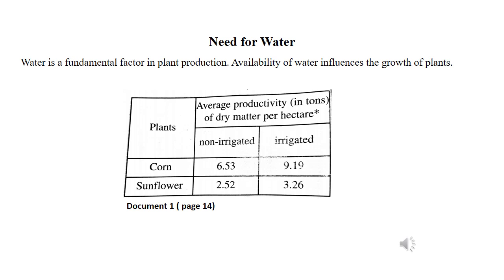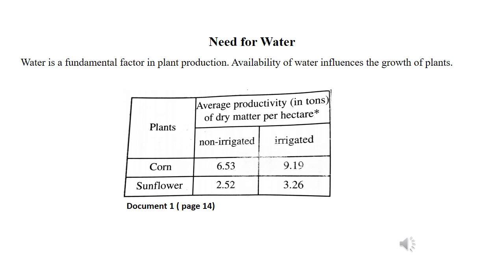To determine the importance of irrigation on the productivity of plants, biologists compared the productivity of two types of plants, corn and sunflower, in irrigated and non-irrigated soil. The results are represented in the following table. The average productivity of non-irrigated corn is 6.53 ton per hectare, less than that of irrigated corn, which is 9.19 ton per hectare.